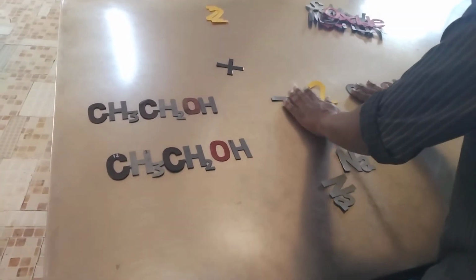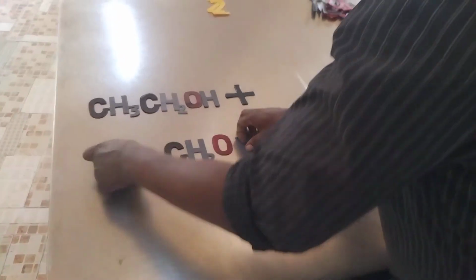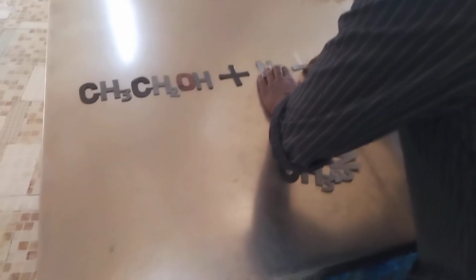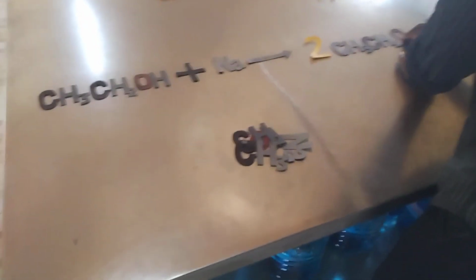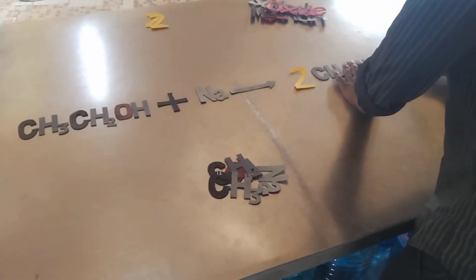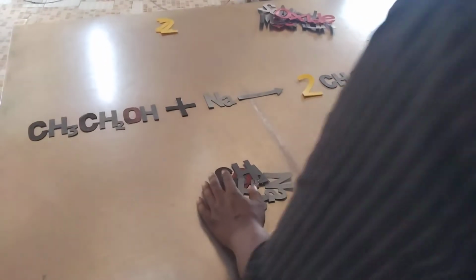This one is going to react with sodium to produce something like this one here, and of course hydrogen gas. So for this molecule, we are supposed to balance it.